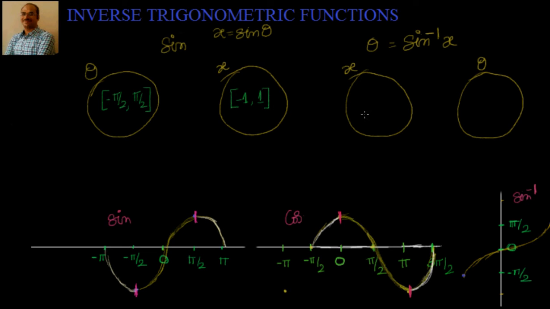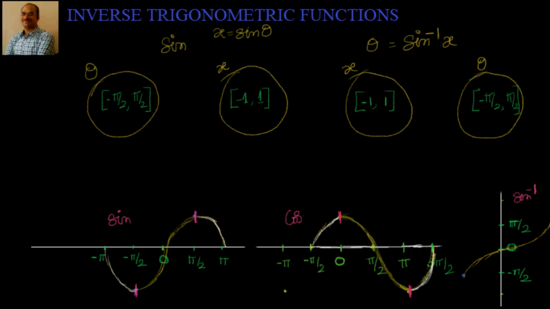If you look at the sine inverse function, its domain will be nothing but the range of the sine function, because sine is going from theta to x, sine inverse will go from x to theta. So the range of sine will become the domain of sine inverse, and it will be -1, 1, and the range of sine inverse is minus pi by 2 to pi by 2.